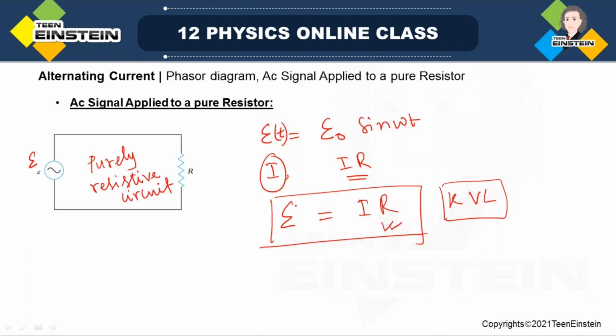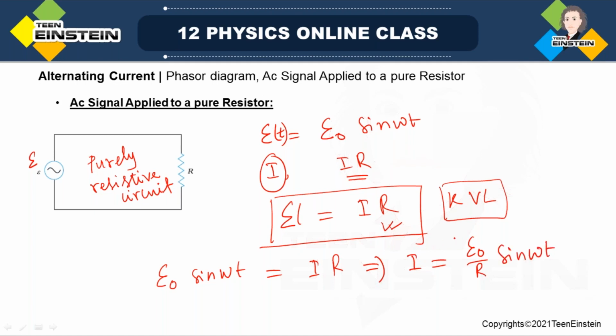Now I'll write the expression of the EMF, which is E0 sine of omega t, equal to I into R. If I simplify a bit to find the current, this is E0 by R sine of omega t. So you can see this is the expression for the current.